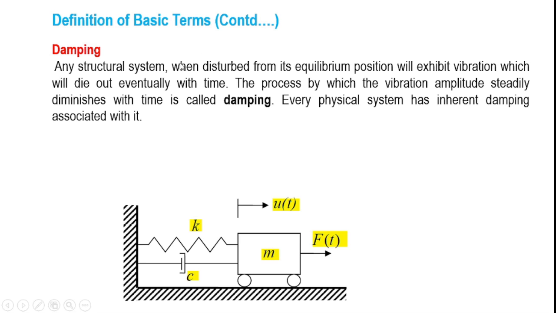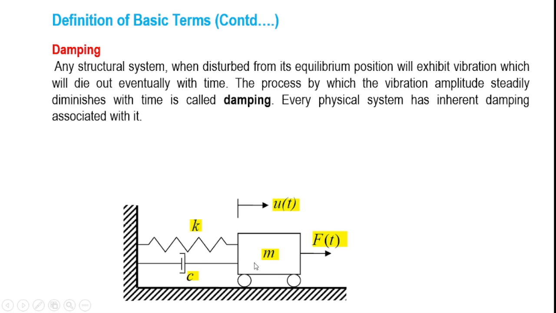And remember, to explain what damping means is just an abstract definition. Just consider this mass m. Okay, Ft equal to 0. Let me say that Ft equal to 0. I'm just displacing the mass m for an initial displacement u0 and just leaving it. What will happen? The mass will start oscillating.